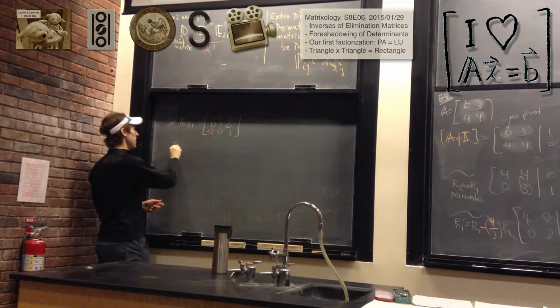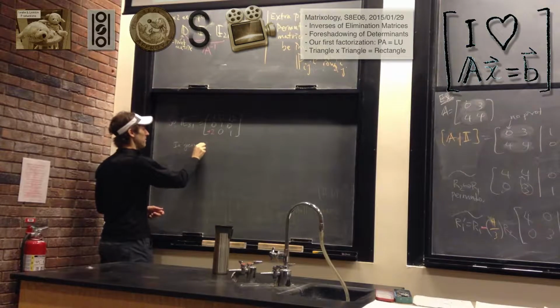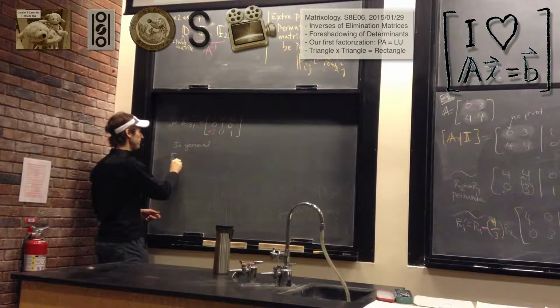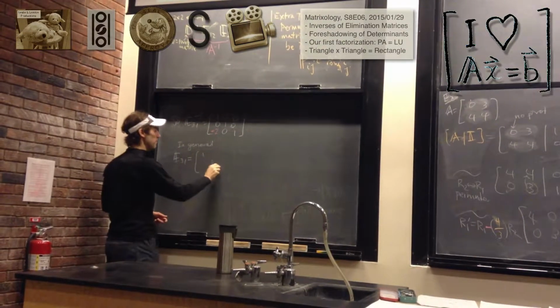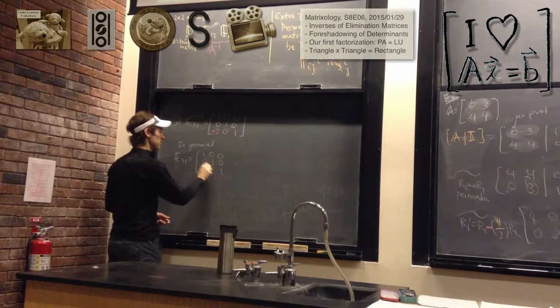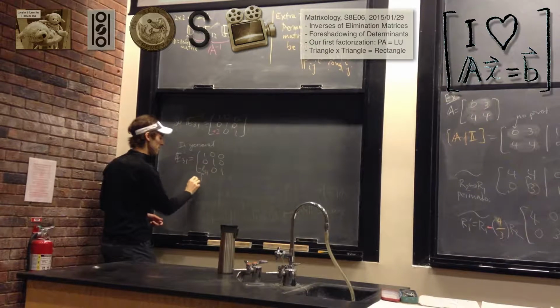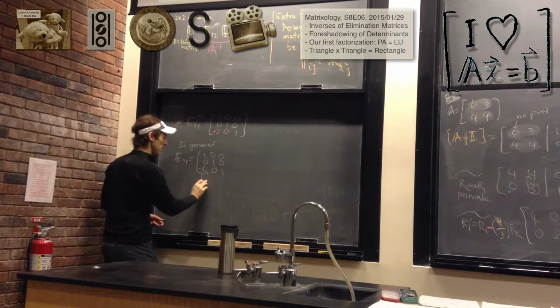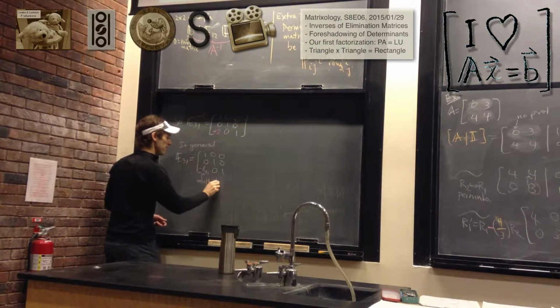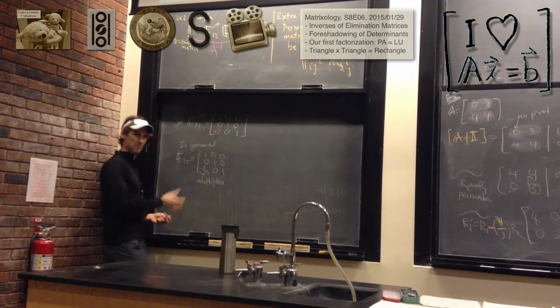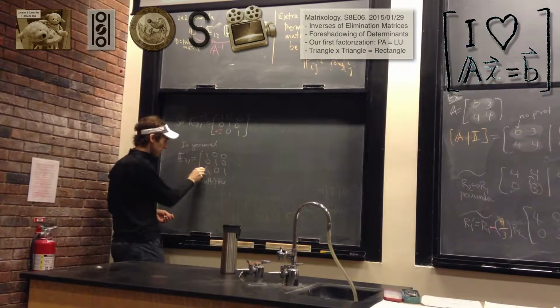Not completely in general, but in general, we have this sort of thing, E31, with 1, 1, 1, and 0s elsewhere. This is what we called minus L31. This is the multiplier. Right, it has a pivot on the bottom of it, and it had a minus sign sitting here.